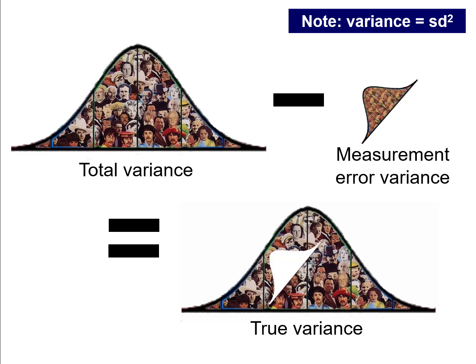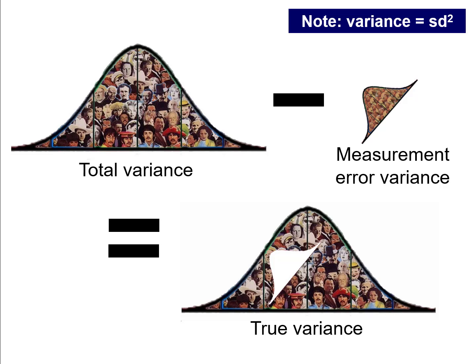Now, up to this point, my discussion of measurement error has been rather abstract. I've been talking about hypothetical situations. I said that the standard error of measure is what we would get if I were to assess a person an infinite number of times and administer the entire infinite pool of all possible assessments, get all the scores from those assessments and calculate the standard deviation.